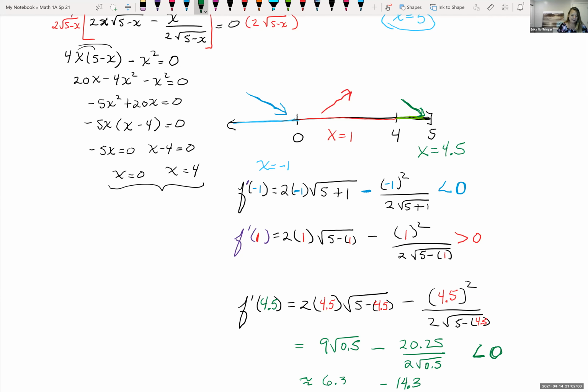Okay, so I can see what we're getting. If we're going from something that is decreasing at first, then it's going to turn around and increase. And then it's going to turn around and decrease. So same sort of reasoning as before.